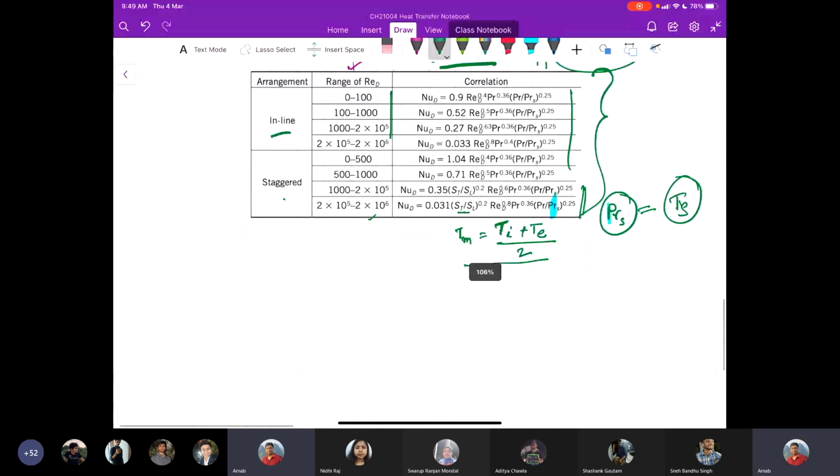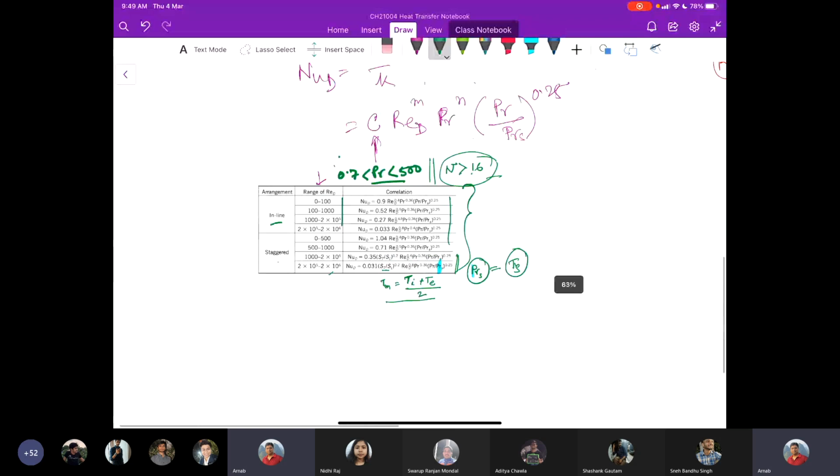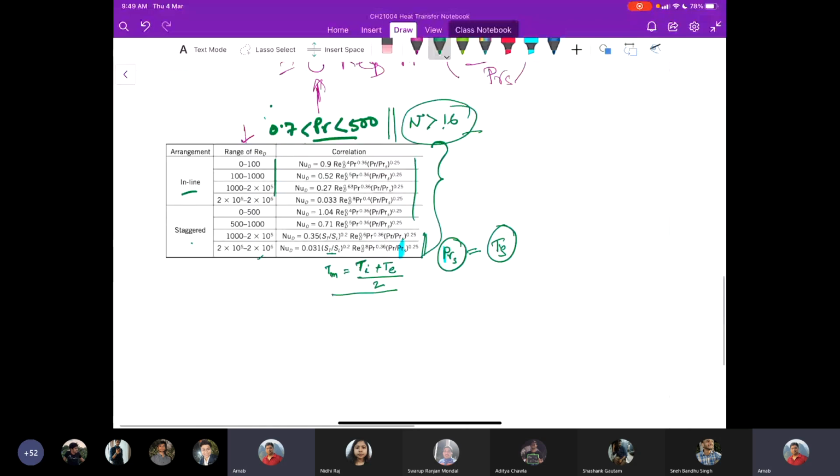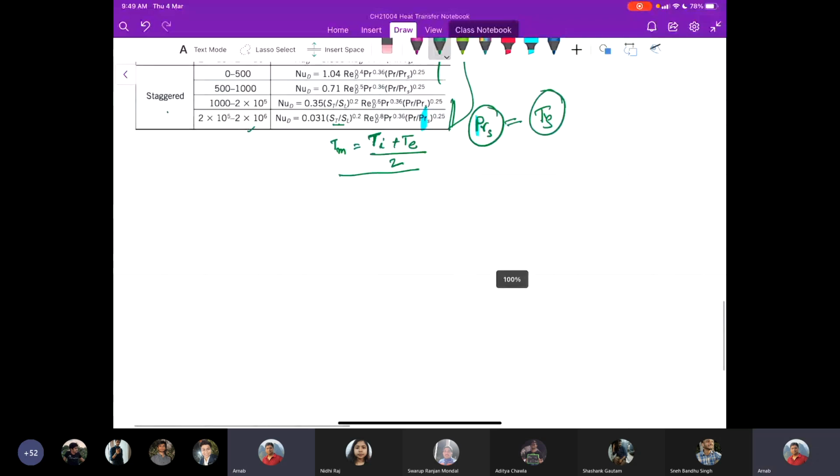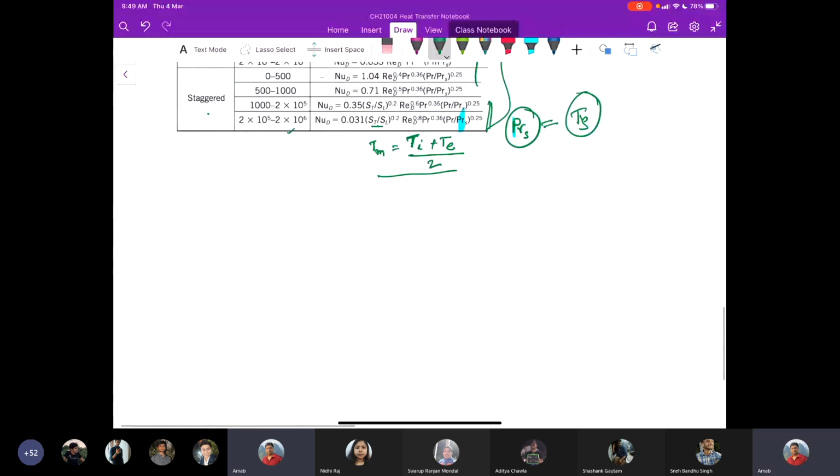Okay, the point is, yes, this relation can further be used, but then you have to modify it with a correction factor.